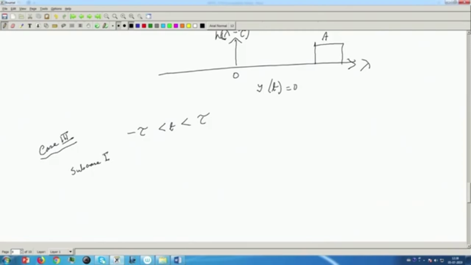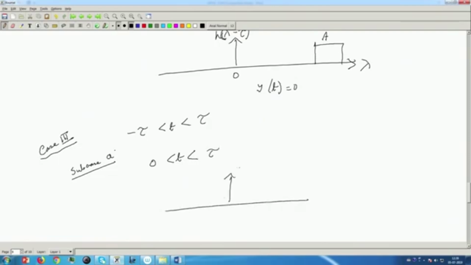Sub case A: 0 is less than t less than tau.